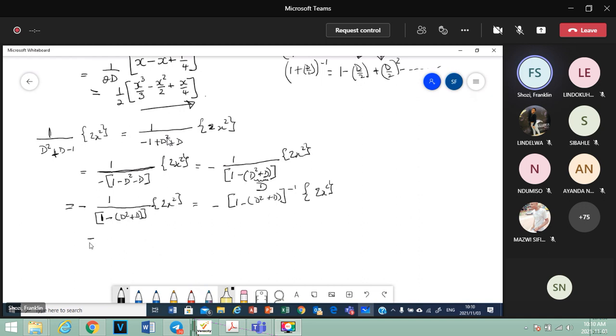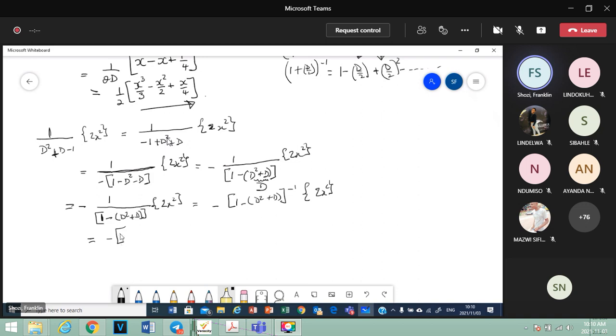What are the terms that give us that? It's minus into 1 minus my big D, the whole lot of the D's. This is my big D. So my big D, the one that I had earlier on, is replaced by D squared plus D, of which the expansion is known precisely.